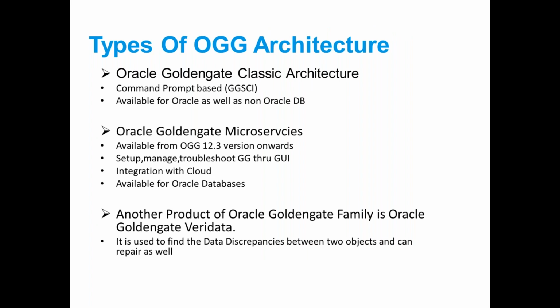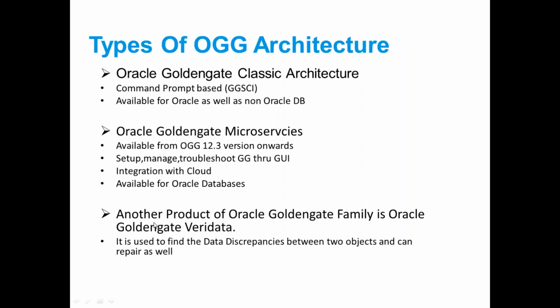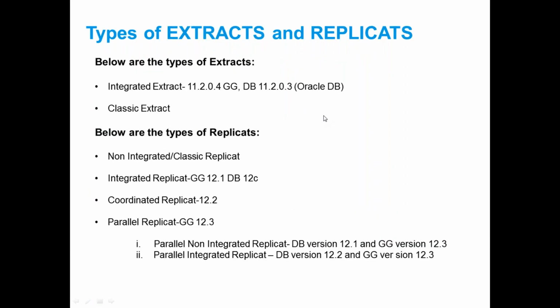So under classic architecture, you can create integrated extract or classic extract. You can create non-integrated replicate, integrated replicate, coordinated replicate, or parallel replicate. Similarly, under microservices architecture, you can create either integrated extract or classic extract, and non-integrated, integrated, coordinated or parallel replicate, whatever.